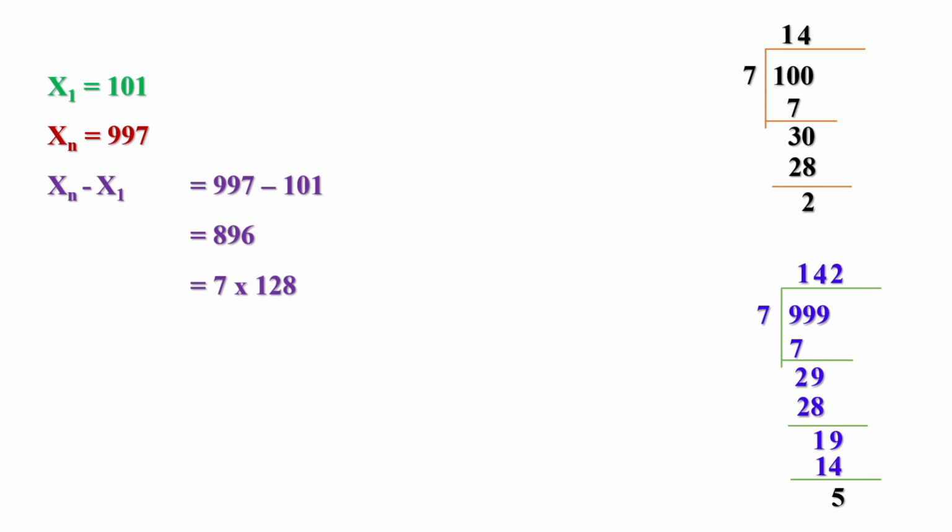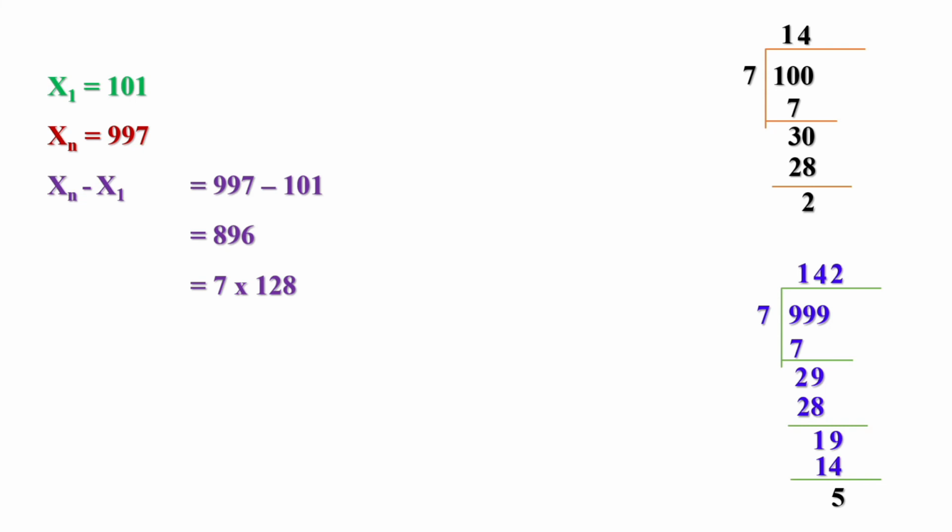We have seen that if you add common difference to the first term, you will get the second term. If you add 2 times common difference to the first term, you will get the third term. If you add 3 times common difference to the first term, you will get the fourth term. So if you add 128 times common difference to the first term, we will get the last term.